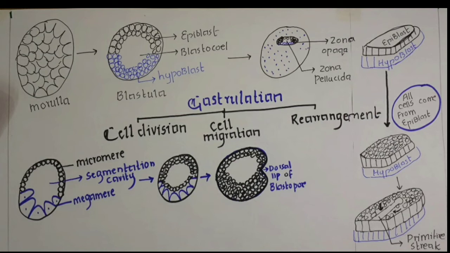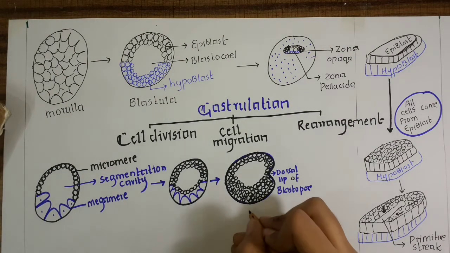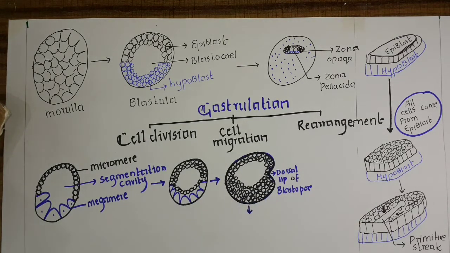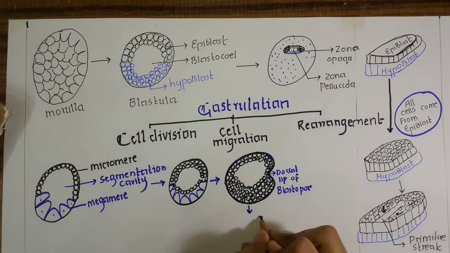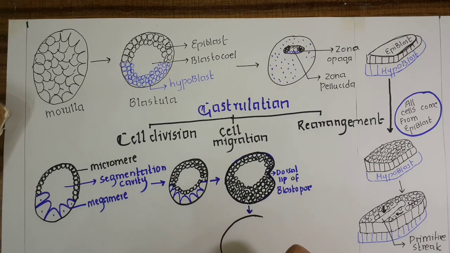So we can now say that the dorsal lip of the blastopore of the frog is functionally equivalent to the primitive streak in the chick.